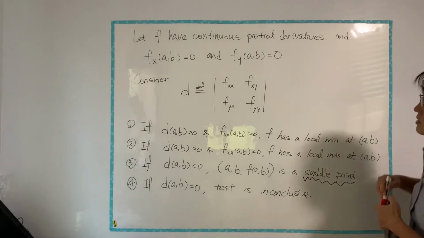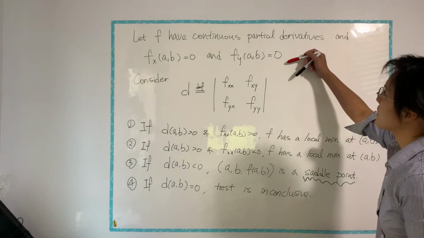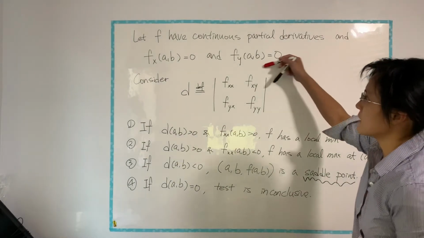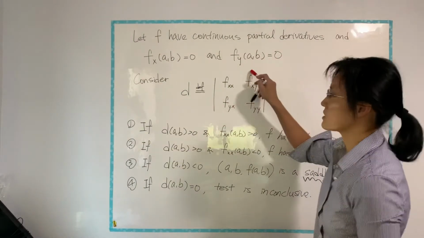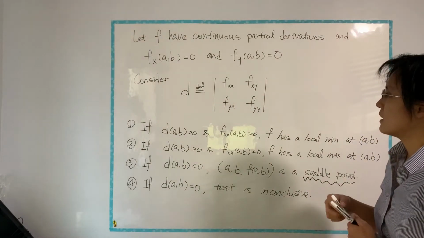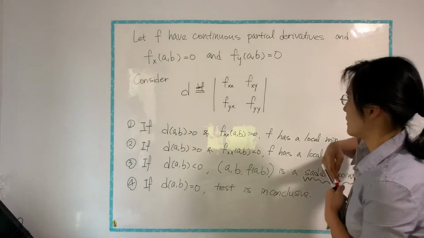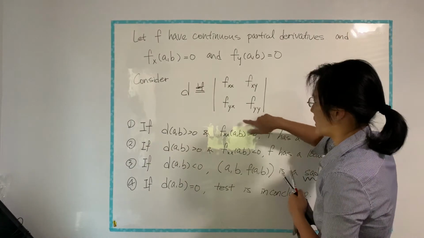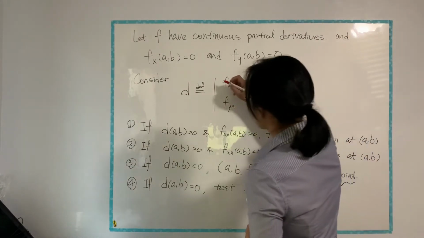Now I have a critical point (a, b) so that f_x equals 0 and f_y equals 0. Now I'd like to consider a function like this.